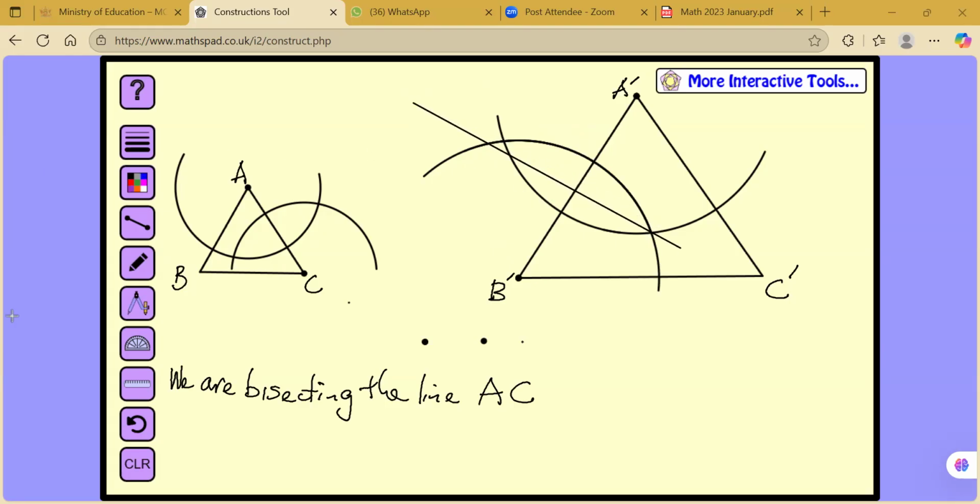This doesn't work. Let's try it again. And this is not even exact. All right. So this is the intersection of the arc. This is what I want everybody to see.